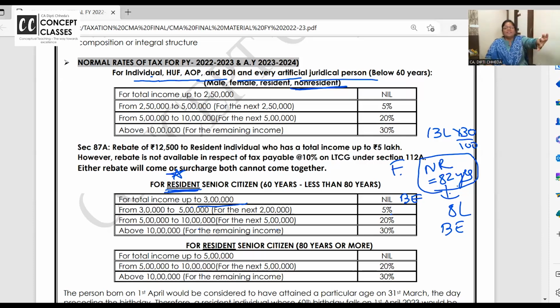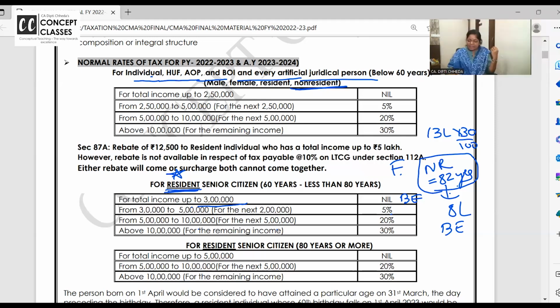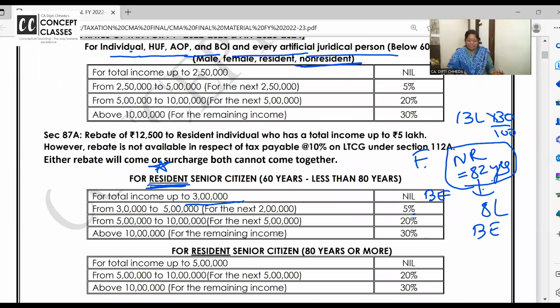Gone. When we are doing a non-resident problem, you have to remember this basic, that for non-residents, the basic exemption is only 2,50,000. Clear or not? Even if the non-resident is 82 years or anything, it is going to be 2,50,000.